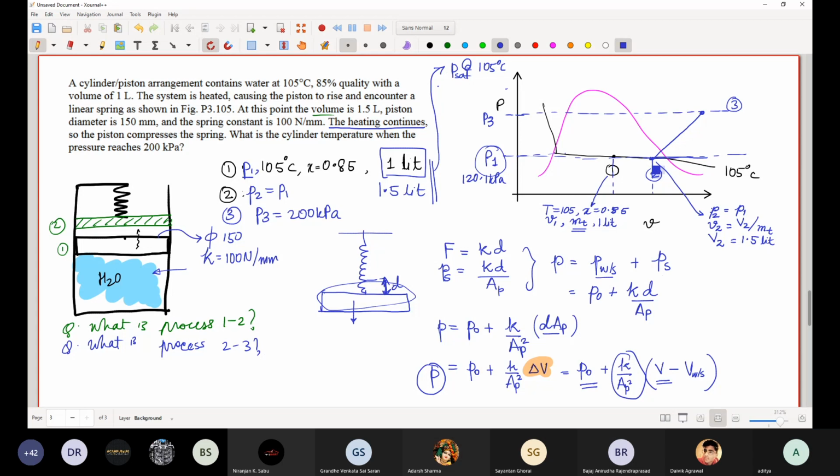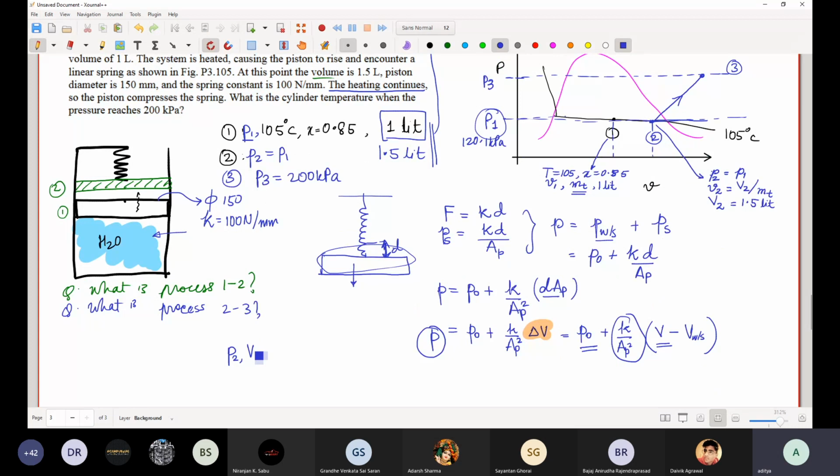So I will know entirely what state point 2 is going to be. Now, when we go to point 3, we know what P2 and total volume at 2 is.